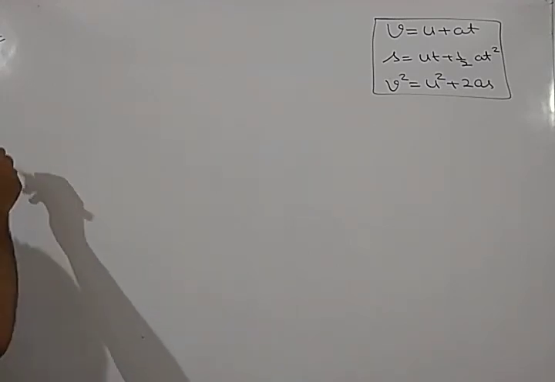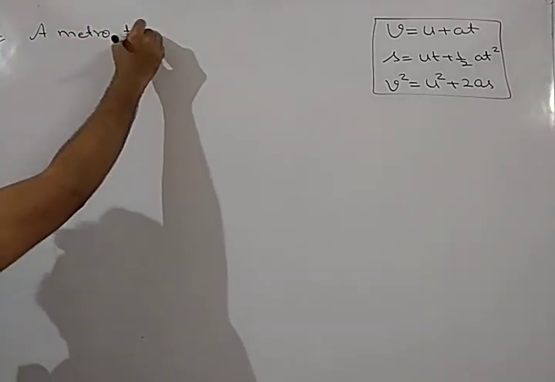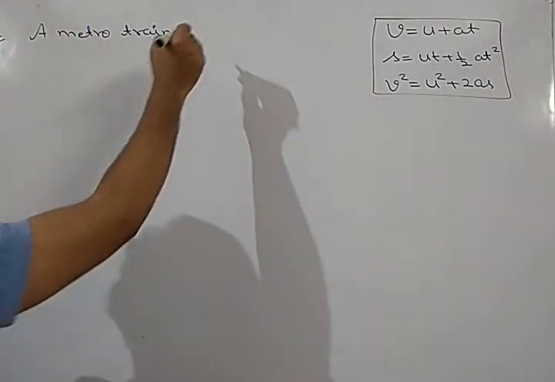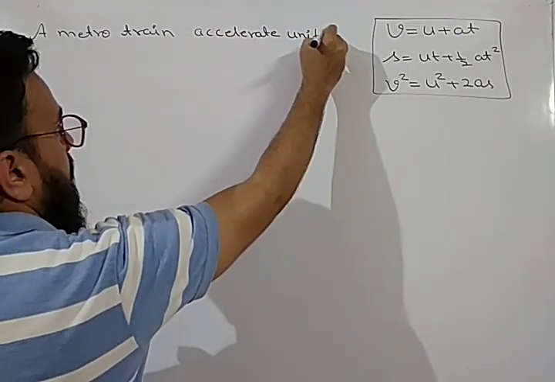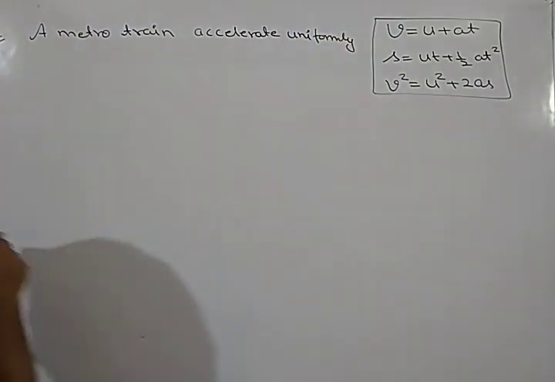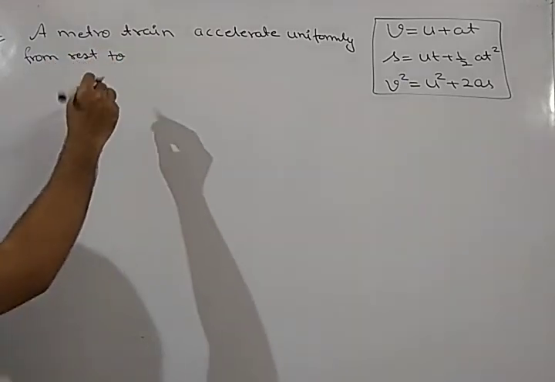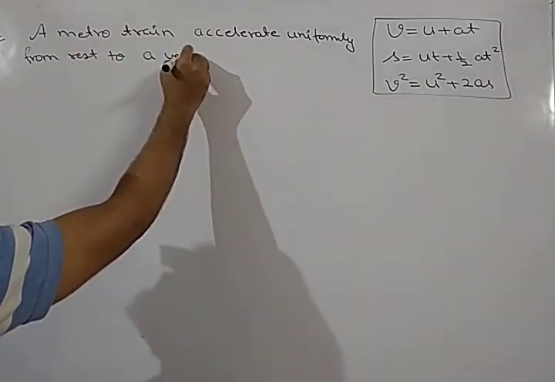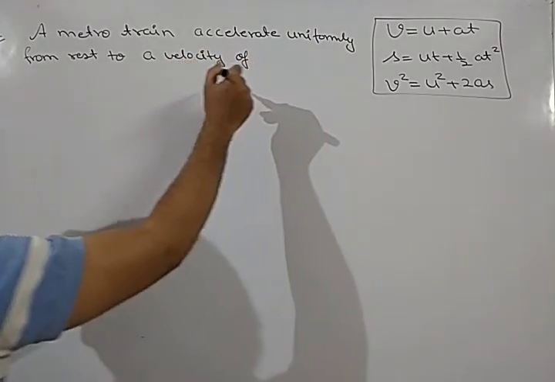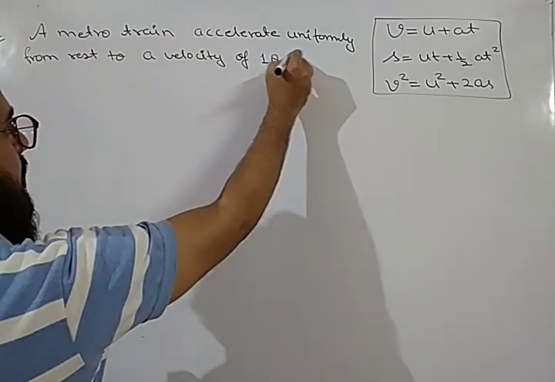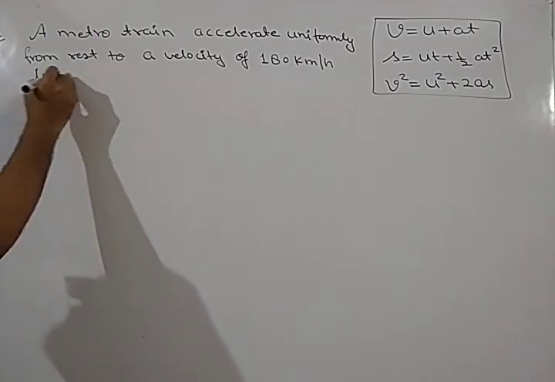It is given that a metro train accelerates uniformly from rest to a velocity of 180 km per hour in half a minute.